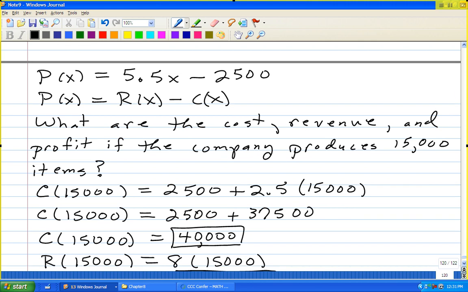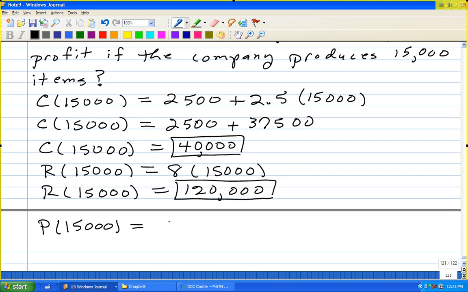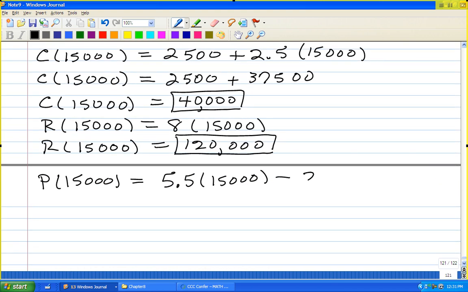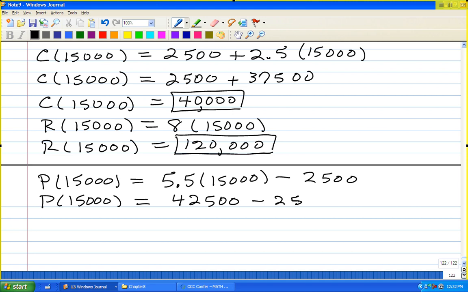So the profit is 5.5x minus 2,500. And so let's multiply 5.5 times 15,000.